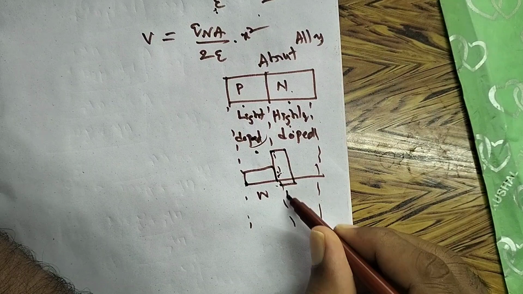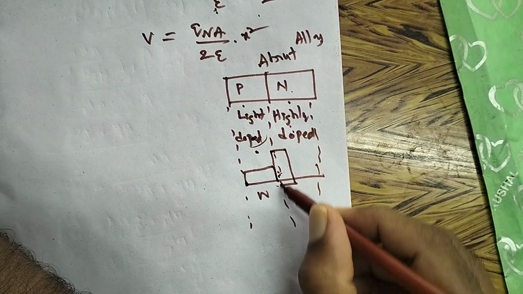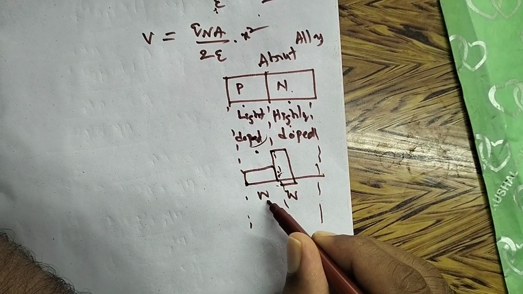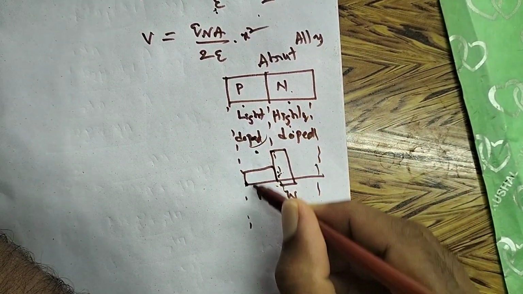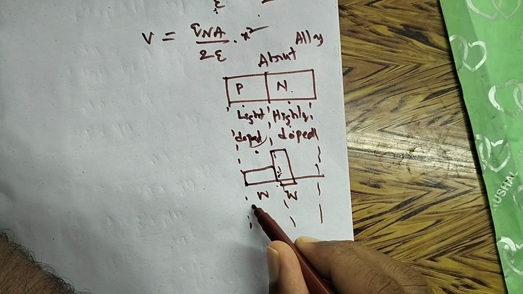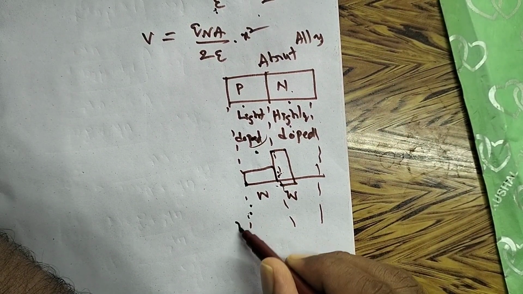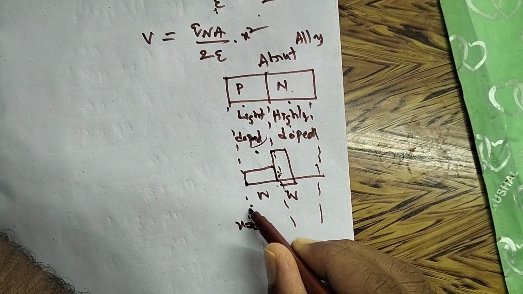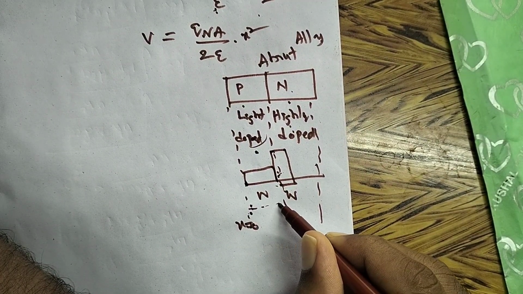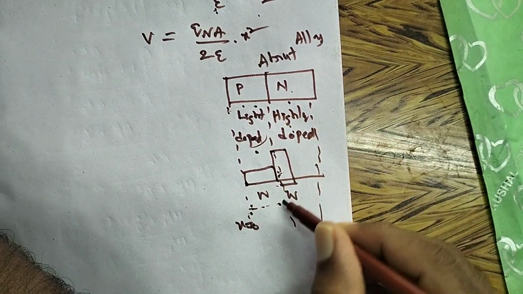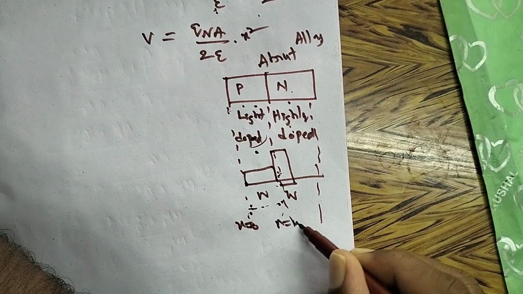The width is very small in the case of n type, and high in the case of lightly doped. So from this point x is equal to 0, and when increasing the depletion layer from this point to this point, that is x is equal to w.